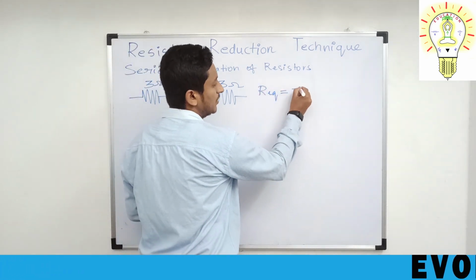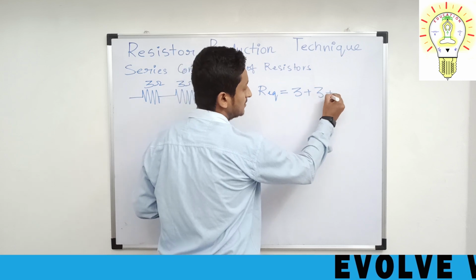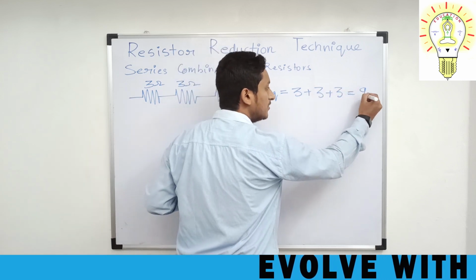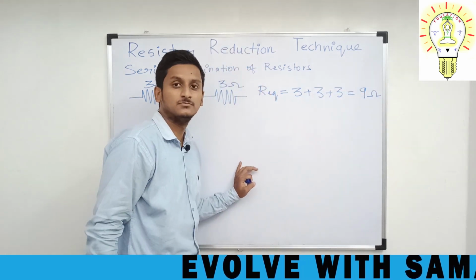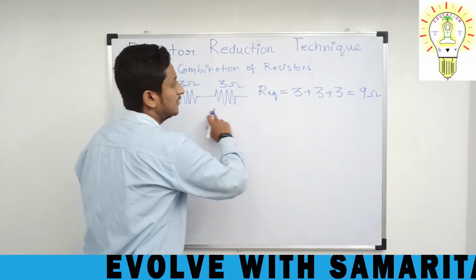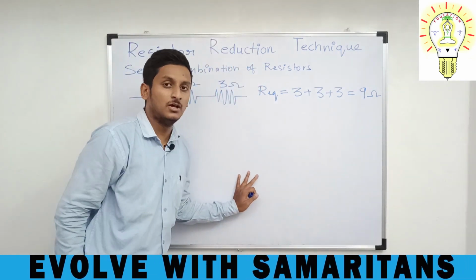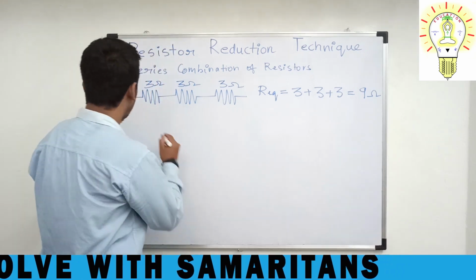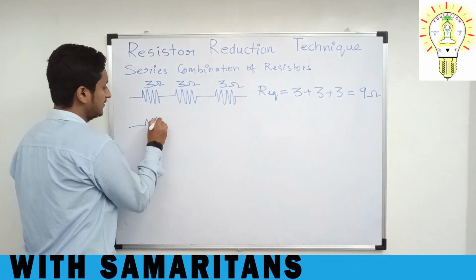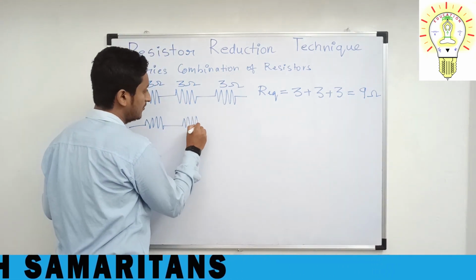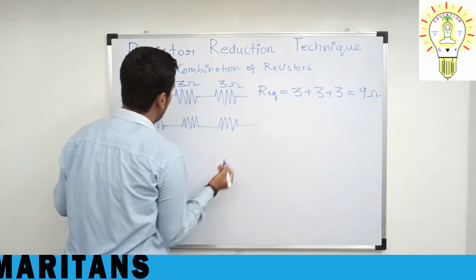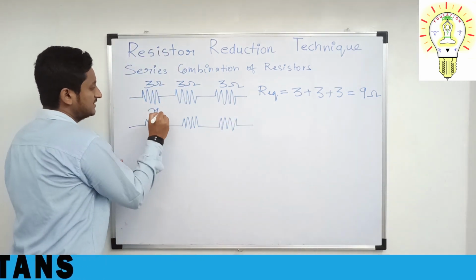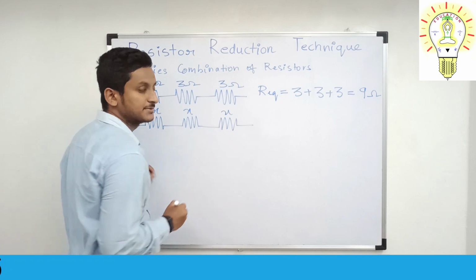R equivalent is equal to 3 ohms plus 3 ohms plus 3 ohms, which is equal to 9 ohms. Isn't it? It is the formula for which we are doing. But now I am going to show you one important technique. You can apply it for any problem. Now take this as X, X and X.